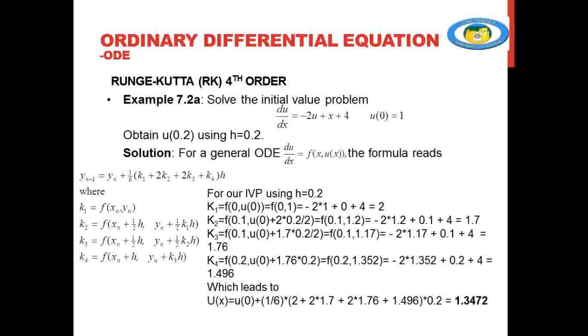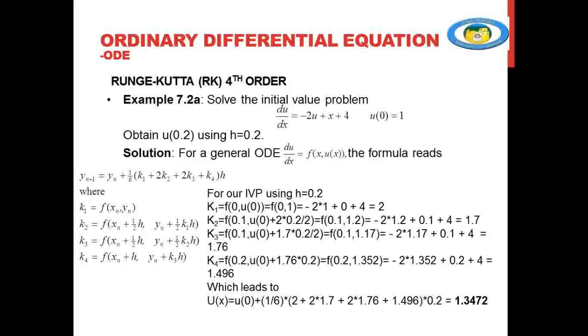F of 0.1, 1.2, we are going to plug in the equation for du per dx. So negative 2 times u, which is 1.2, which we have found, plus 0.1 for x plus 4 is equal to 1.7. So we have just found k2.